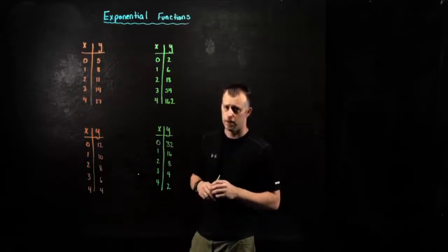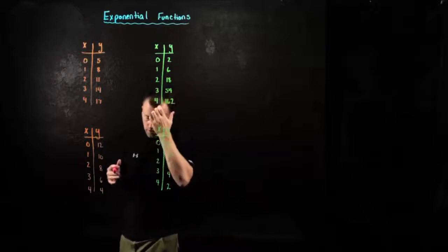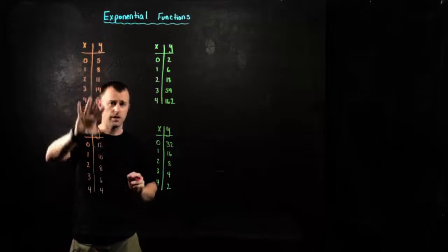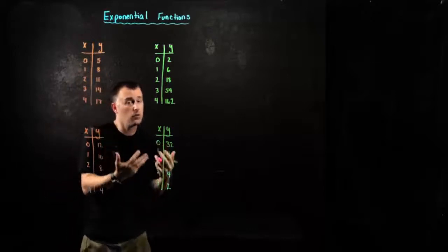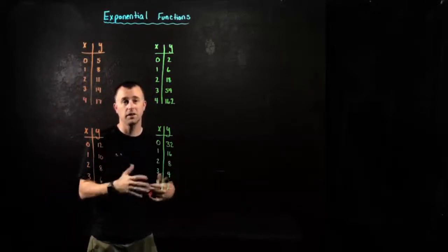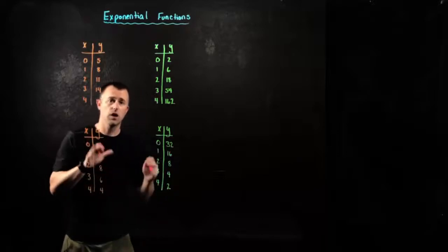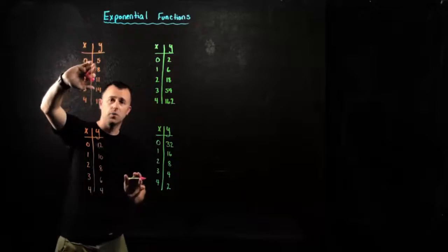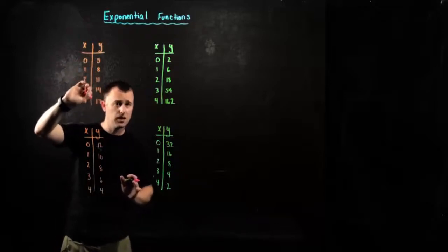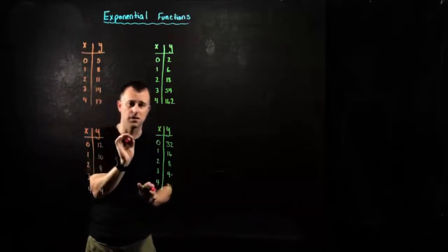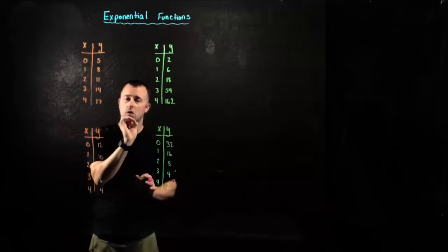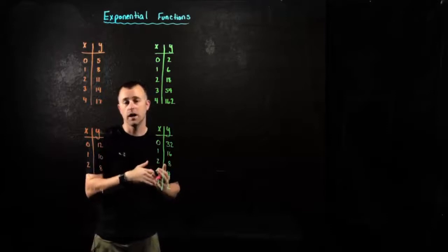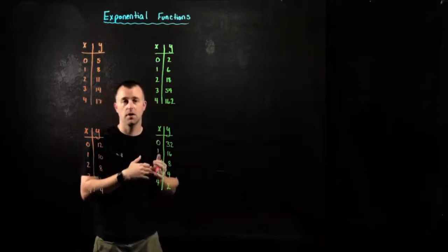So I have some data here, and what I'm going to do is just talk about the relationships. This first set of data represents something that we hopefully are very familiar with, and that's a linear function. The reason we can tell if a set of data is linear is based off the output, and it has to be a consistent or common difference, which means you are adding or subtracting a common number every time.